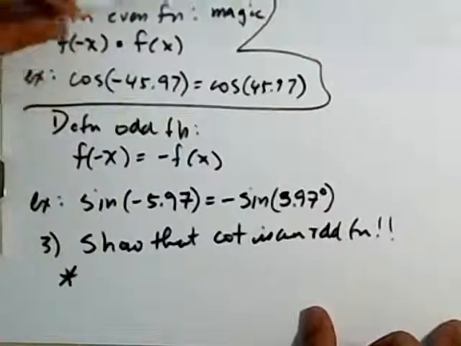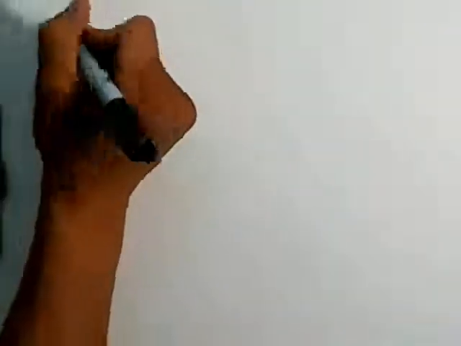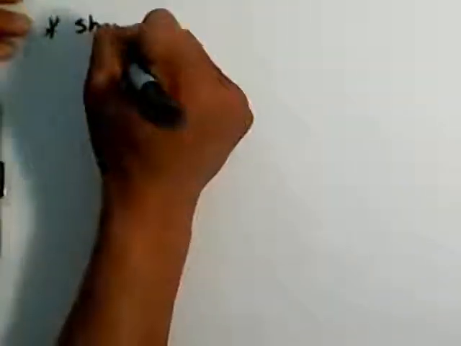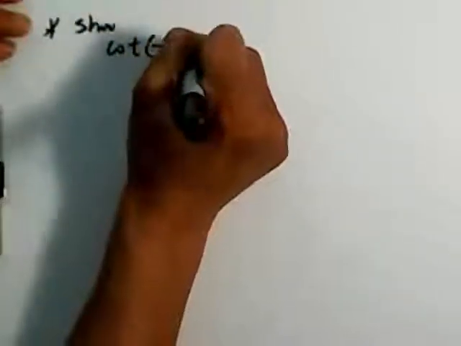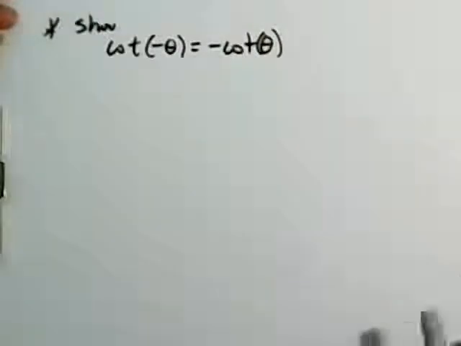I'm going to do this on a new page so that you'll actually see it better. So it goes something like this. This is the most important part, guys, so make sure you get this down. Show that the cotangent of negative theta is equal to negative cotangent of theta. That's what we're trying to prove right here.